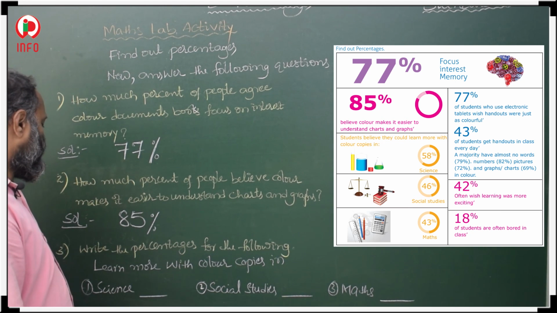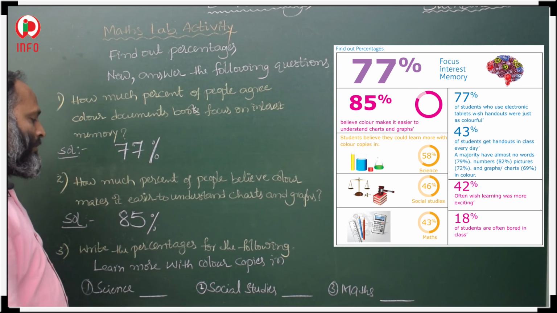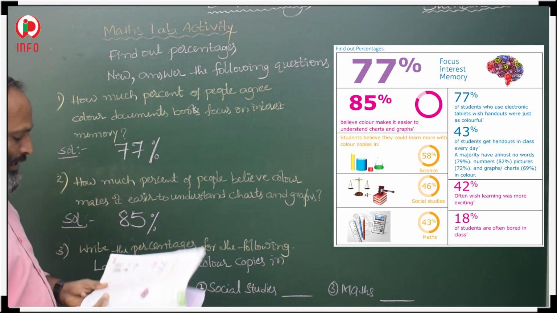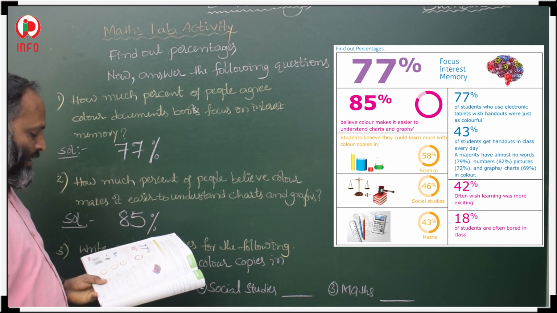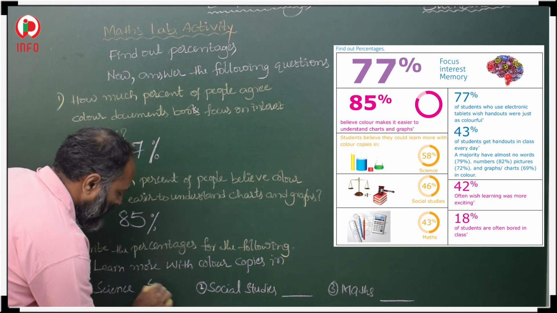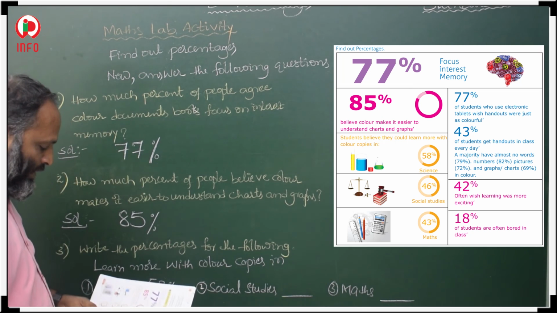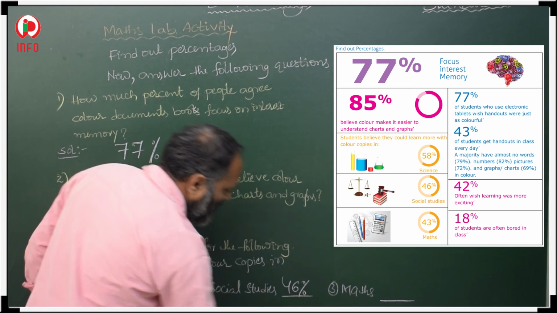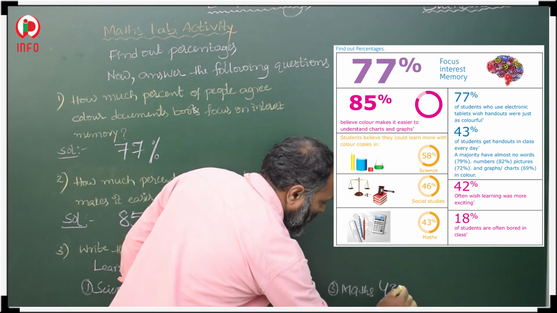Now the third one: write the percentages for the following. About science, students believe they could learn more with color copies: science is 58%, social is 46% and maths is 43%.